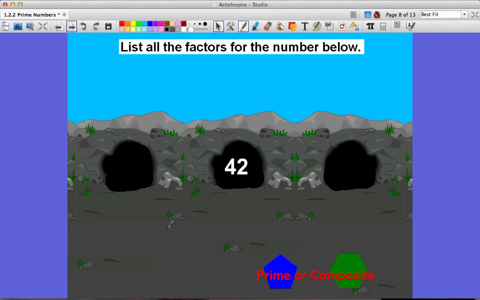And last but not least, you have 42, which is 1, 2, 3, 6, 7, because 6 times 7 is 42. 3 times, well, I'm not very sure, so I'm just going to go up here and do the division. 14.